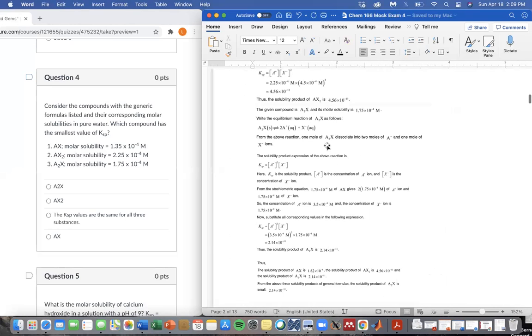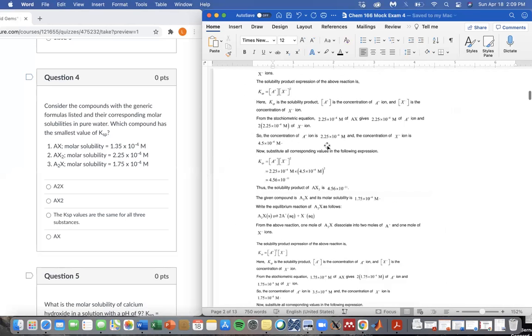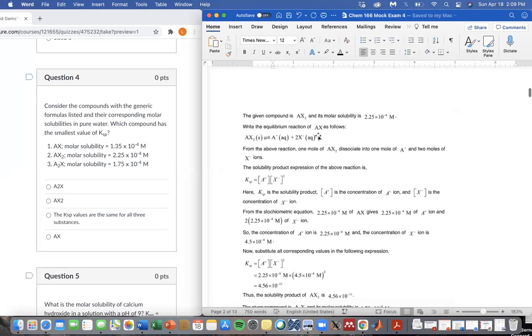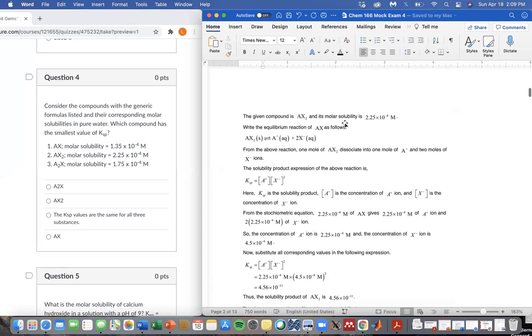For AX2, you have a molar solubility of 2.25 times 10 to the negative 4th. When that dissolves into A+ and 2X-, 1 mole of it dissociates into 1 mole of A+ and 2 moles of X- ions. So your Ksp expression would be [A+] times [X-] squared.